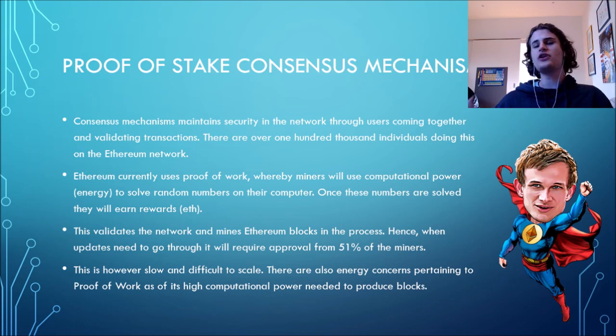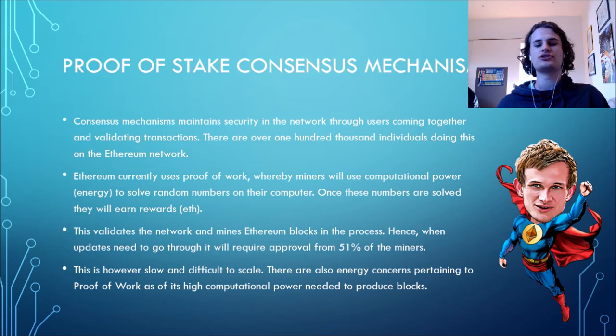So, the first thing we're going to get into is the proof of stake consensus mechanism. To understand the proof of stake consensus mechanism, we need to understand Ethereum's current model. Ethereum runs under a proof of work consensus mechanism, and we'll quickly get into what that is. Consensus mechanisms maintain security in the network through a pool of users coming together and validating transactions. There are over 100,000 individuals doing this on the Ethereum network, making it a very decentralized network.